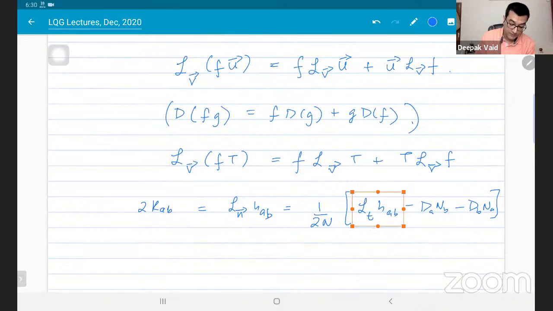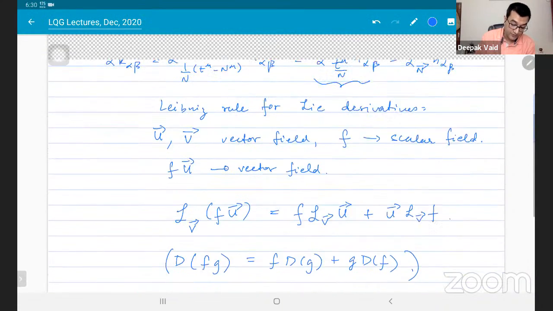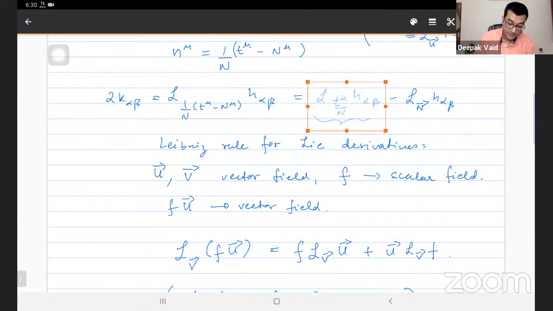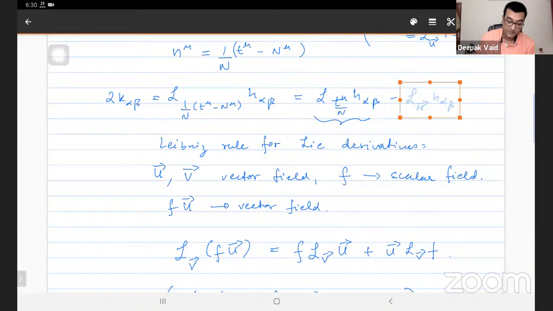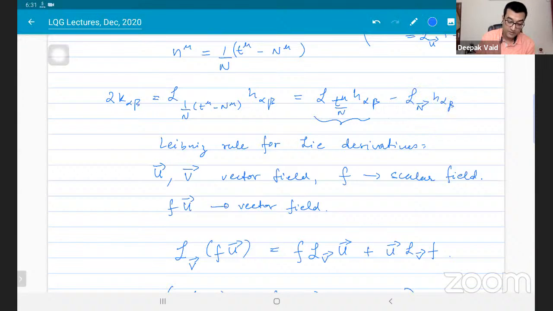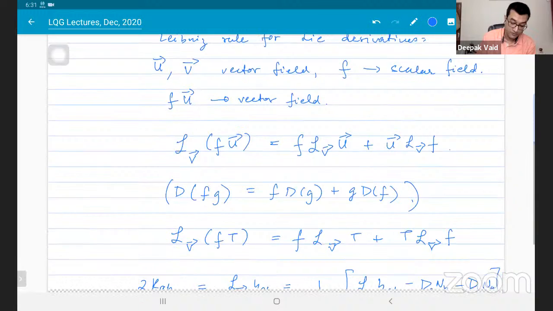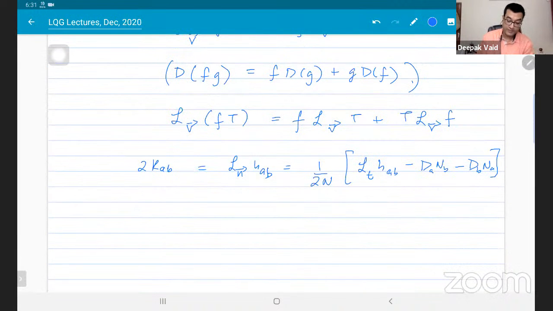So this first term comes from this expression, and the second and third terms come from the Lie derivative of the metric with respect to the shift vector field.